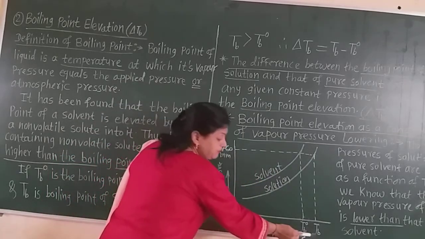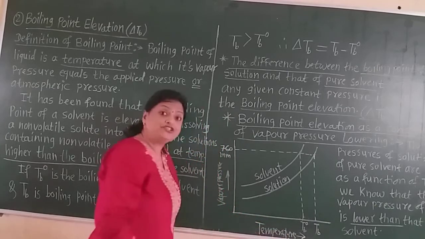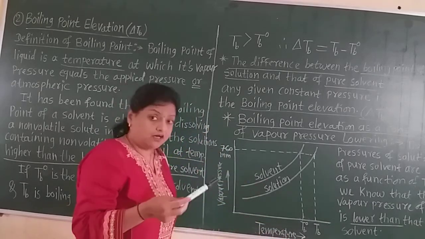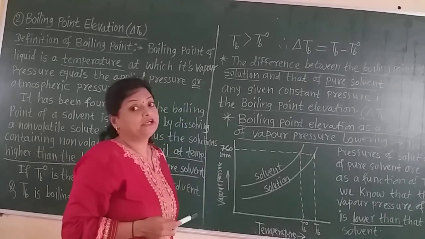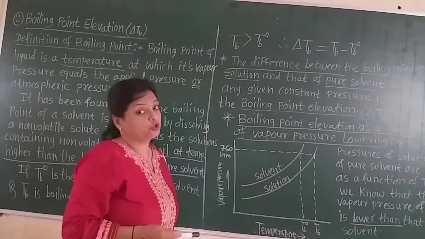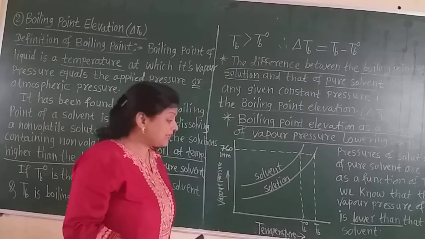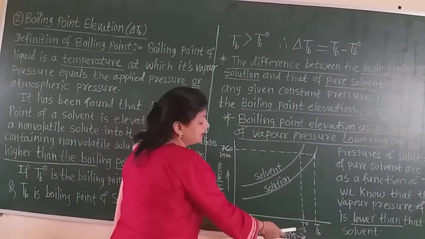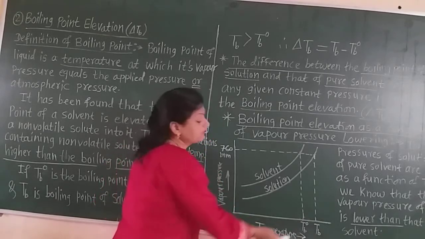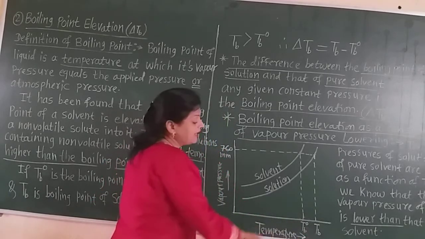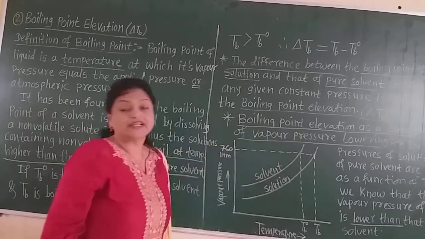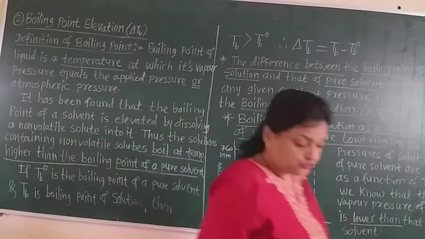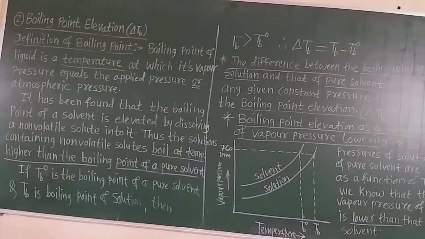So this TB is definitely greater than T0B. So there is an increase in the boiling point of the solution due to the addition of the solute, and the difference between the boiling point of the solution and the boiling point of the solvent is called the elevation in boiling point. Now see students on the blackboard.